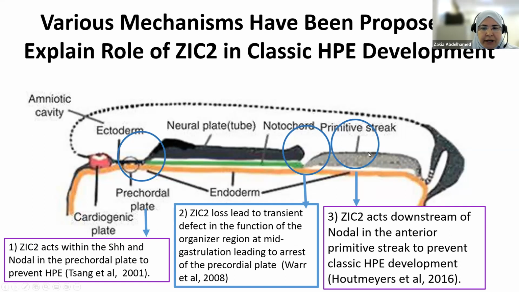So this group showed it is even earlier, before the primitive node and before prechordal plate development. It is here in the primitive streak. But all of these hypotheses are done in mouse. So how relevant is this to the human patient? We are still not very sure.